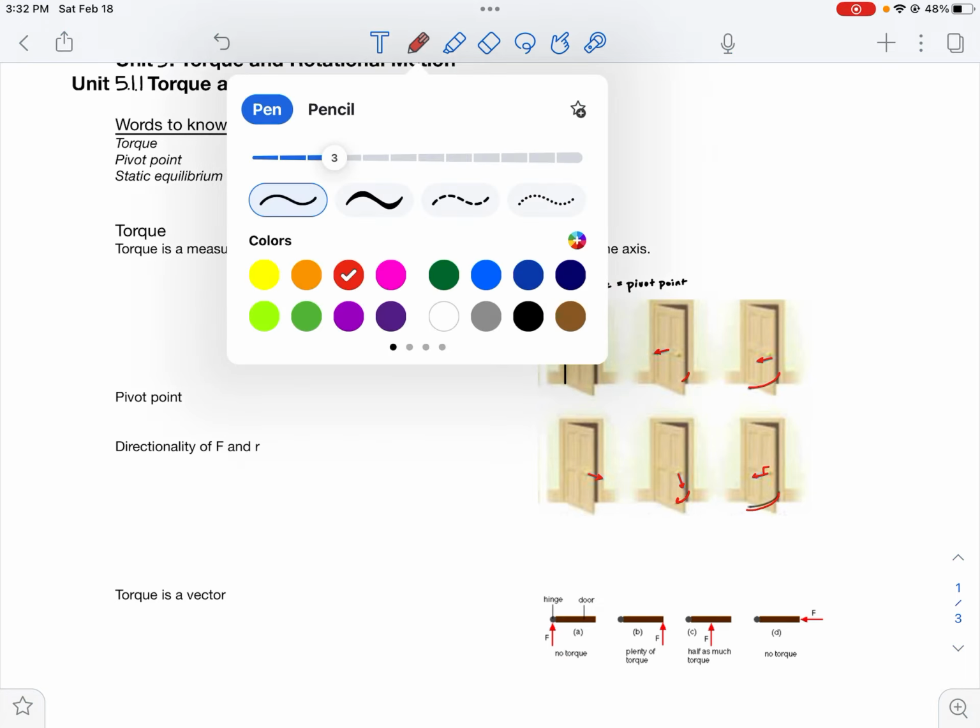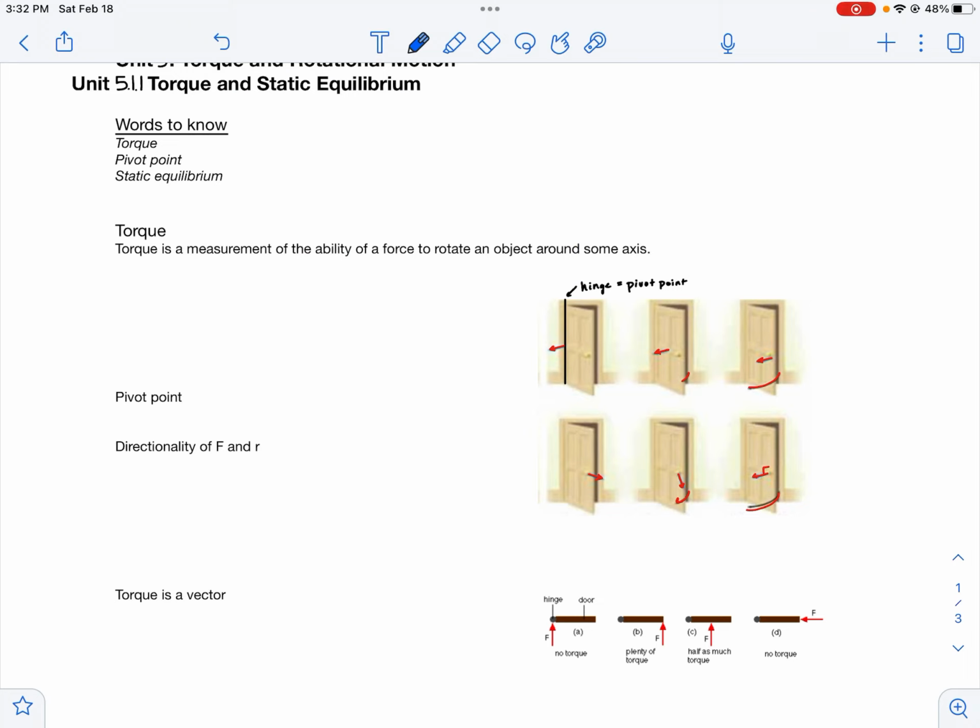So the definition of torque in AP Physics C is the capital Greek letter tau, which represents torque, and it's equal to the force times R, which is sometimes called the lever arm, times the sine of theta.